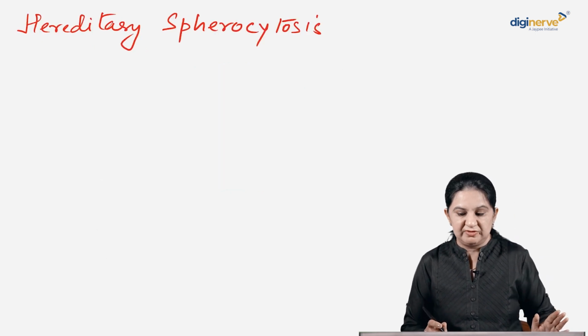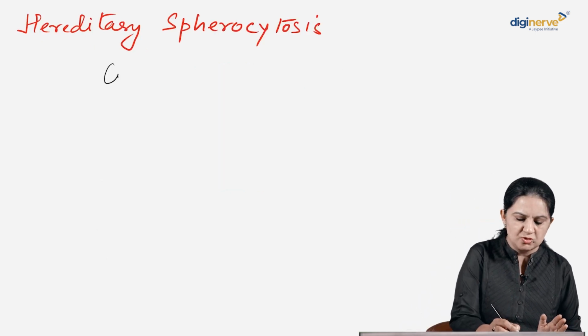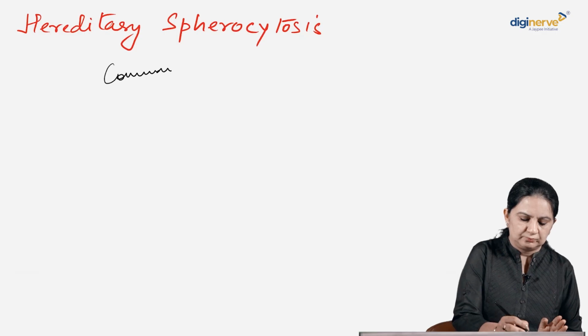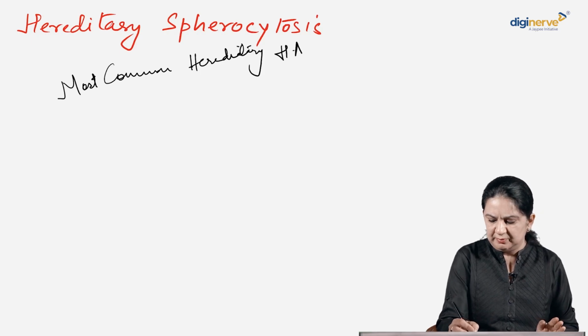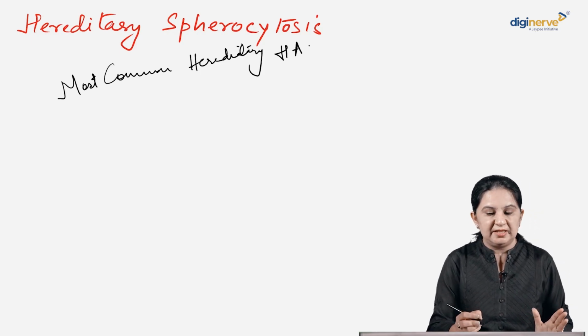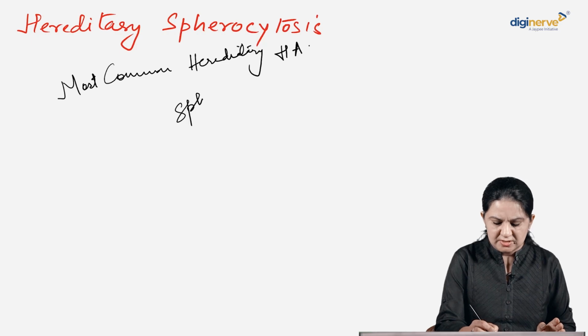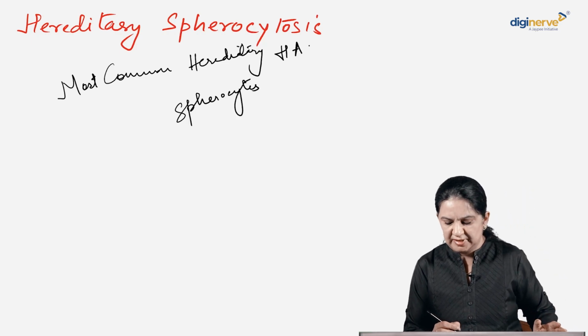So, hereditary spherocytosis is the most common hereditary hemolytic anemia. Basically these anemias are characterized by spherocytes in the blood picture.